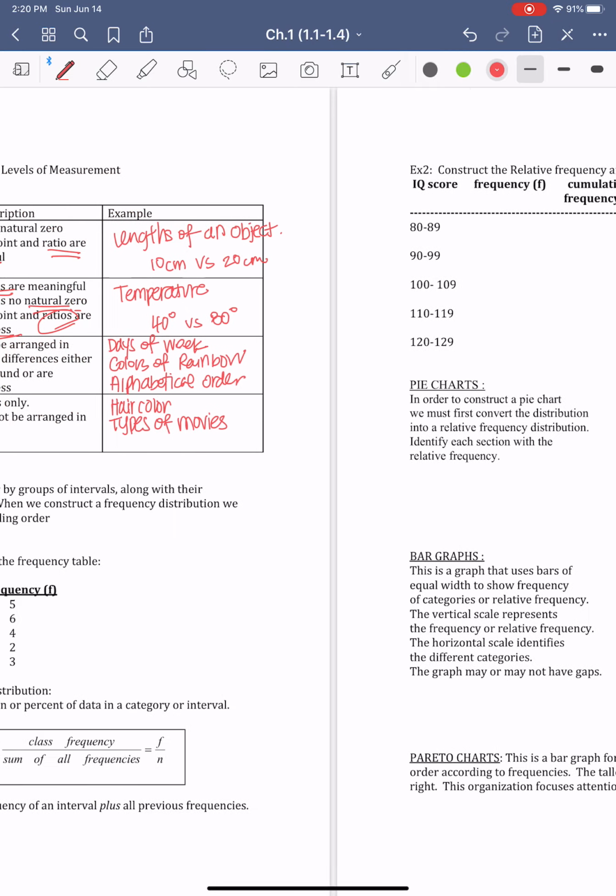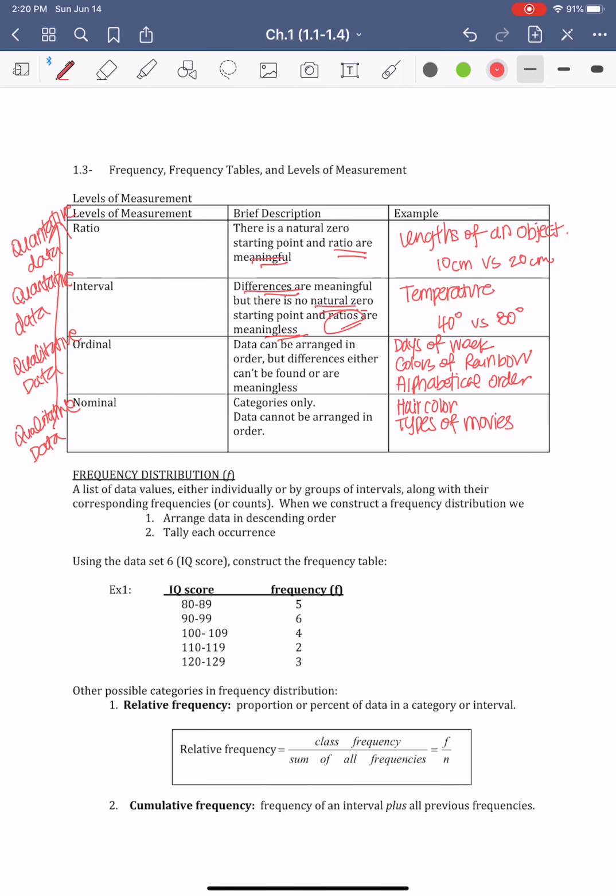A few ways to organize the data. Frequency distribution: a list of data values, either individually or by groups of intervals, along with their corresponding frequency or count. When we construct a frequency distribution, we arrange data in descending order and tally each occurrence.